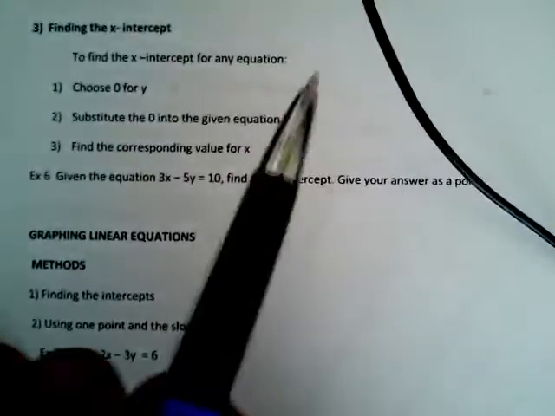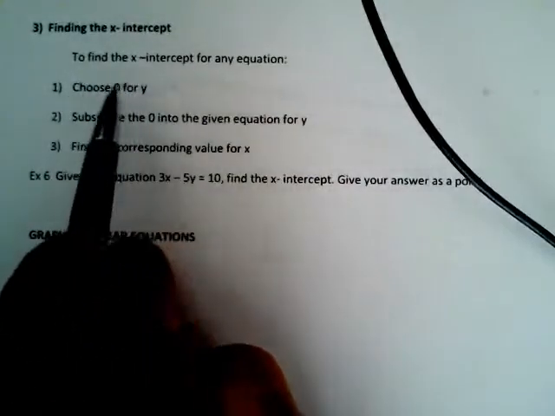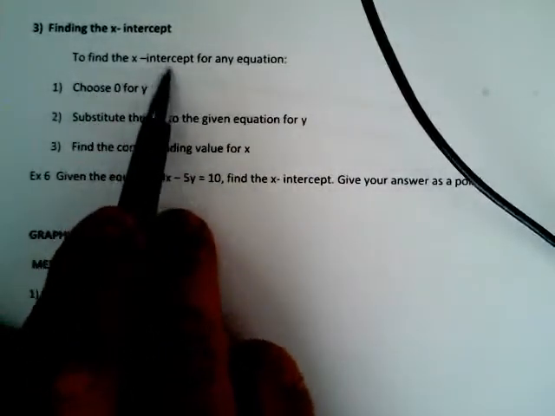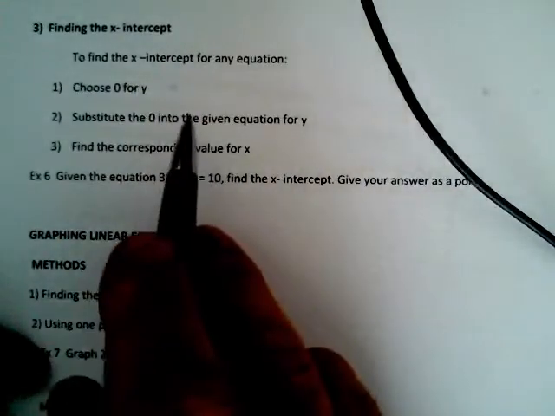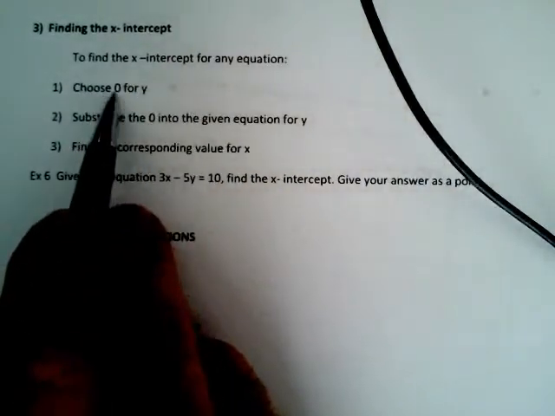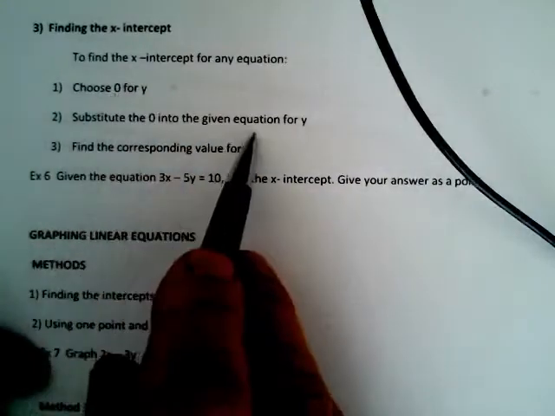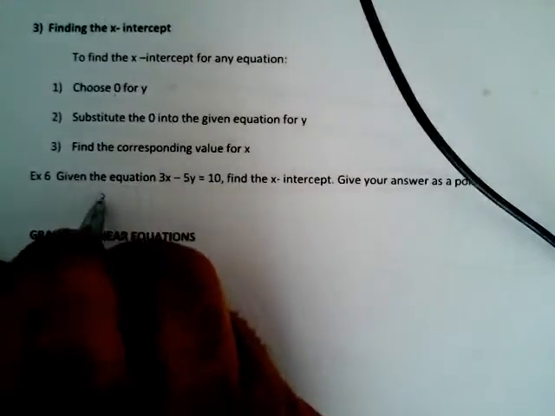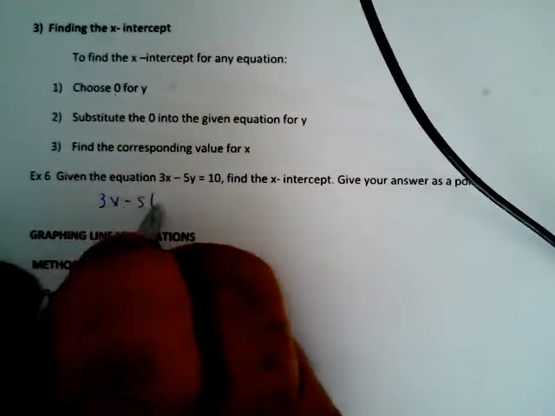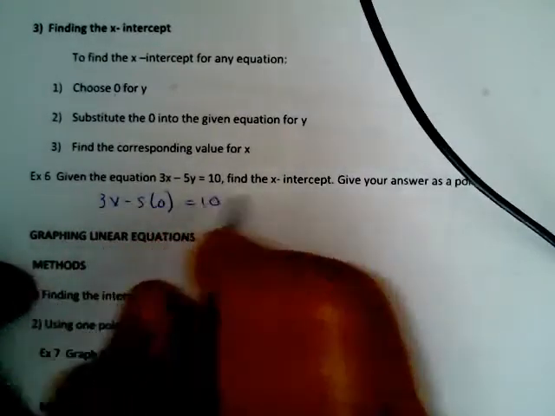Because if I want to use that same equation to find the x-intercept, I can. When we want to find the x-intercept, again, that's where the graph crosses the x-axis. We choose the 0 for the y, we substitute it in for y, and then we find out what x is. So in this case, I let my y be 0.